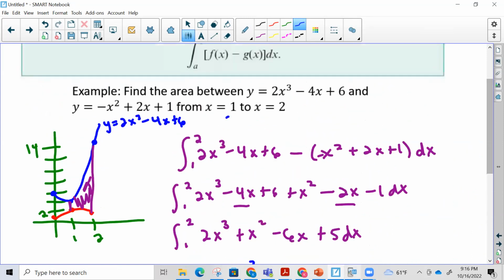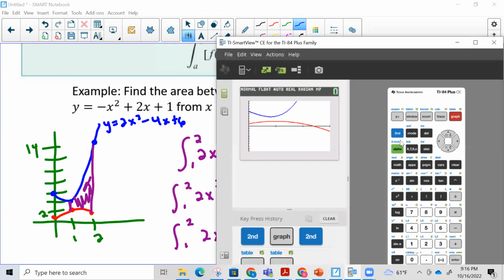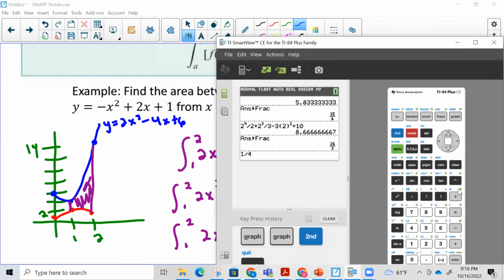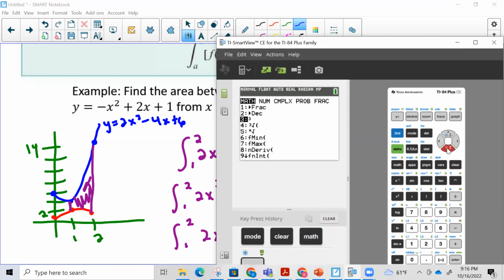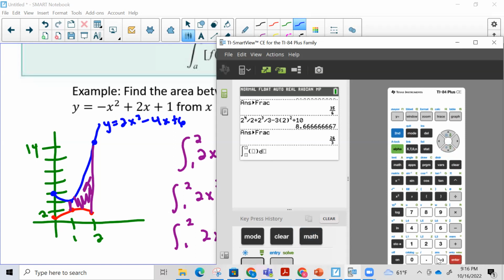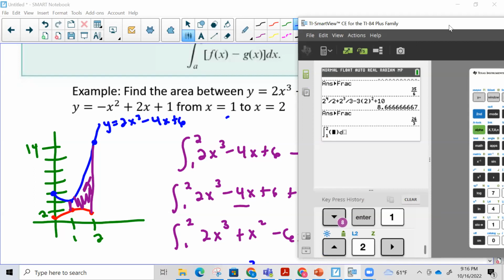So to check it again, I would do math down to number 9. Okay, to do this in your calculator, you do the lower bound and then the upper bound. And it's up to you what you want to plug in. I'm going to do the simplified one because I'm pretty confident that I simplified it correctly.